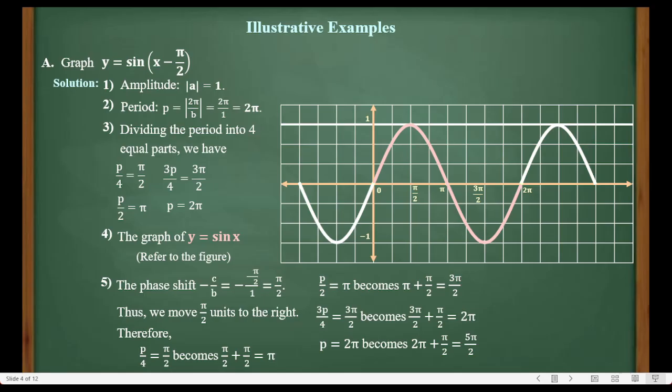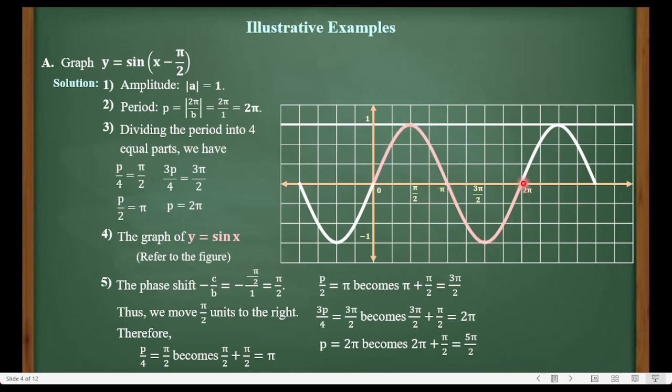Here in the graph, there is an effect wherein there will be a translation. So we follow this step from number 5. We move the graph by pi over 2 units to the right. So observe the graph from the Cartesian plane, particularly the color-coded graph, which is this one.